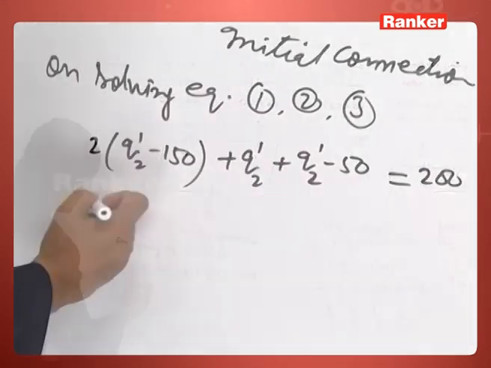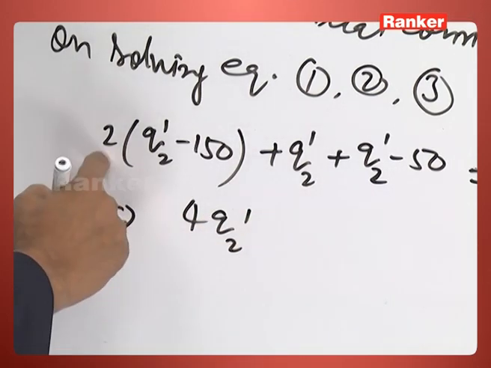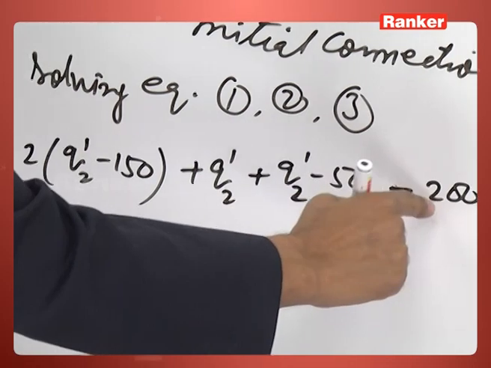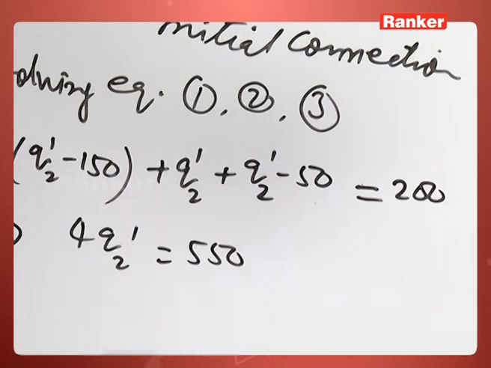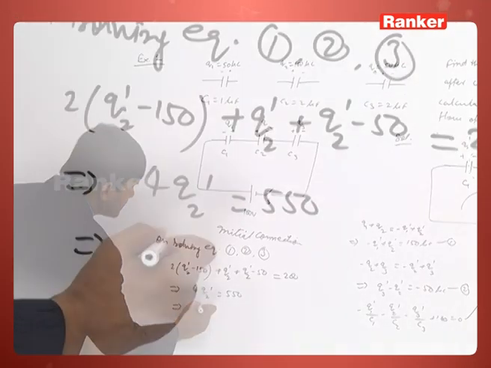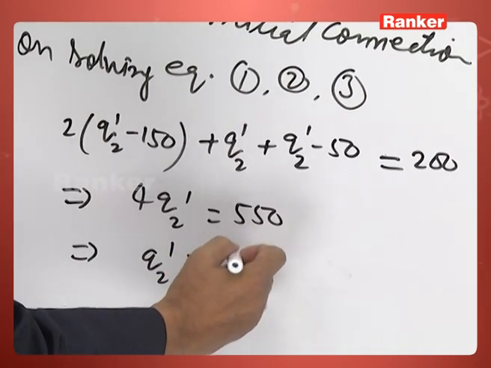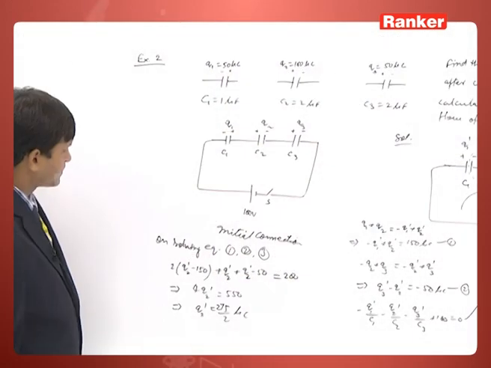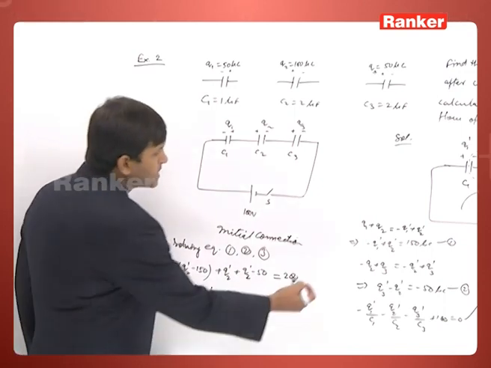So this is your total 4 Q2 dash, minus 300, minus 50, and equals 200. This is 550. So Q2 dash value will be 275 by 2 microcoulomb, and now we can get the value of Q1 dash.